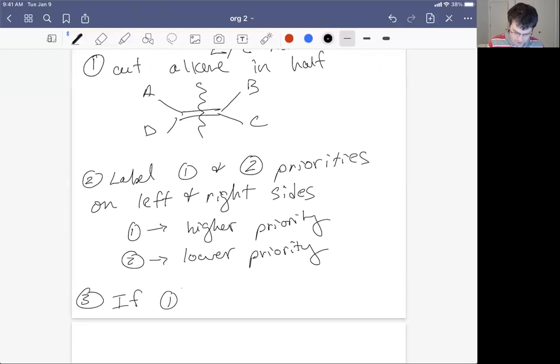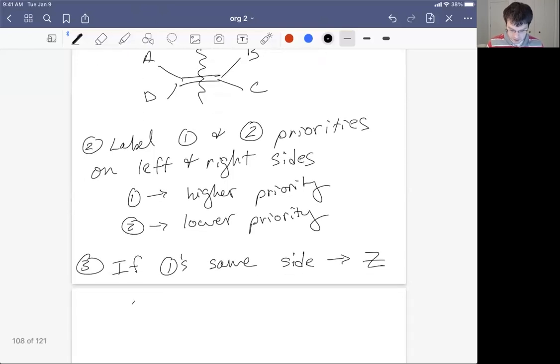If 1s are on the same side, then we have Z for zusammen, or same. What I like to remember is Z, same, Zide. Z, same, Zide. Okay?